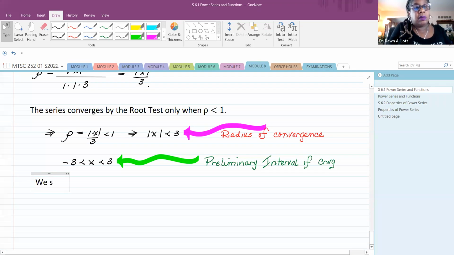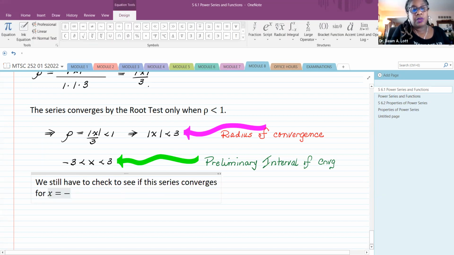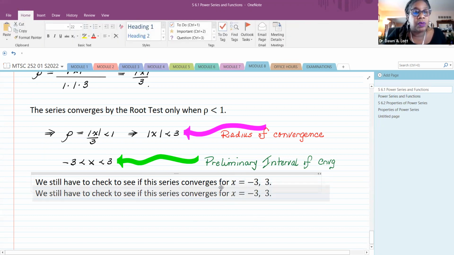So we still have to check if this series converges for x equal to -3 and 3. We still have to check the ends of the interval.